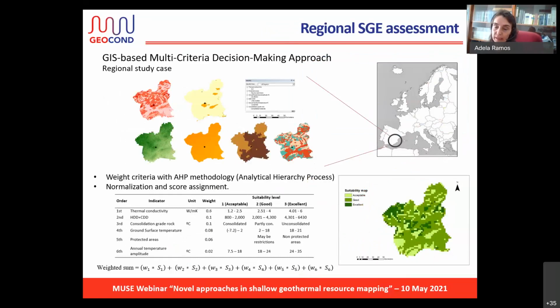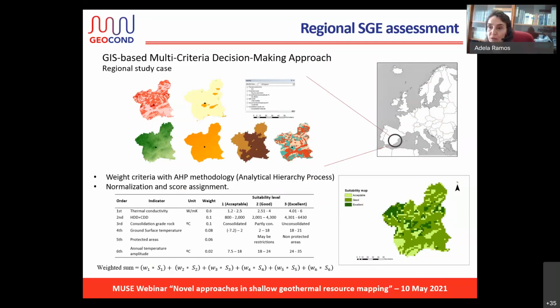And finally, we consider that the resulting thematic maps not only contained relevant information itself, but they also could be used for more practical approaches. So we also proposed this GIS-based multi-criteria decision-making approach with our thematic maps as inputs.